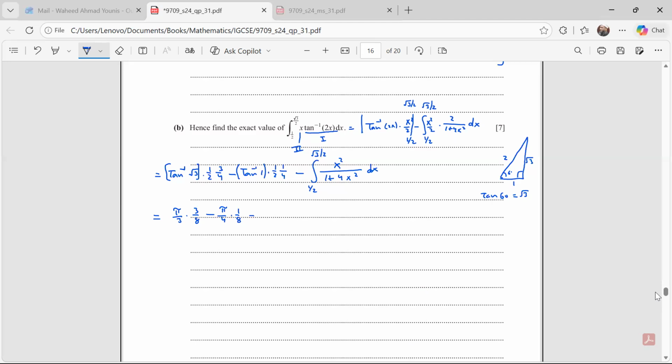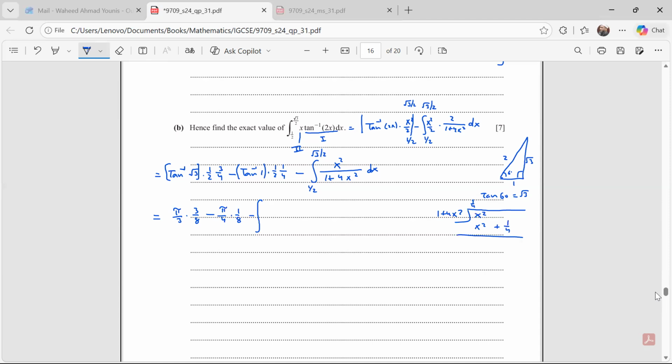Minus. Okay, now if I do this thing through long division, 1 plus 4x squared is outside and inside is simply x squared, because I don't want the degree of the numerator to be the same as the degree of the denominator. It should be less than the denominator. So it will be 1 by 4, and multiplying this, it will give you x squared plus 1 by 4.